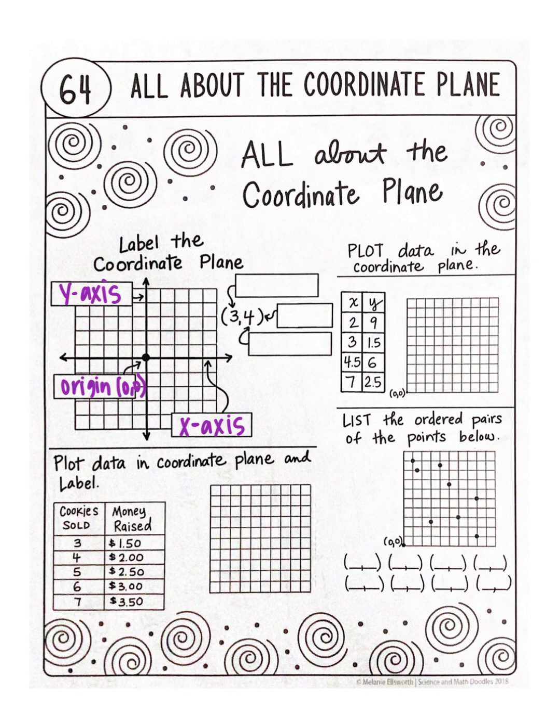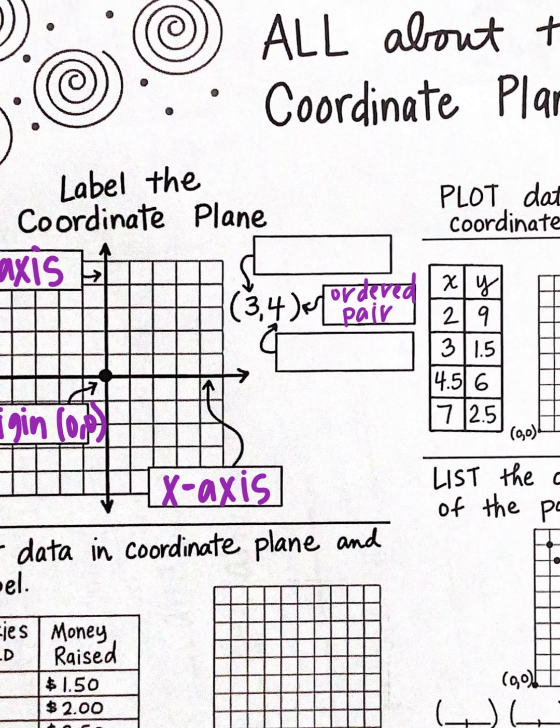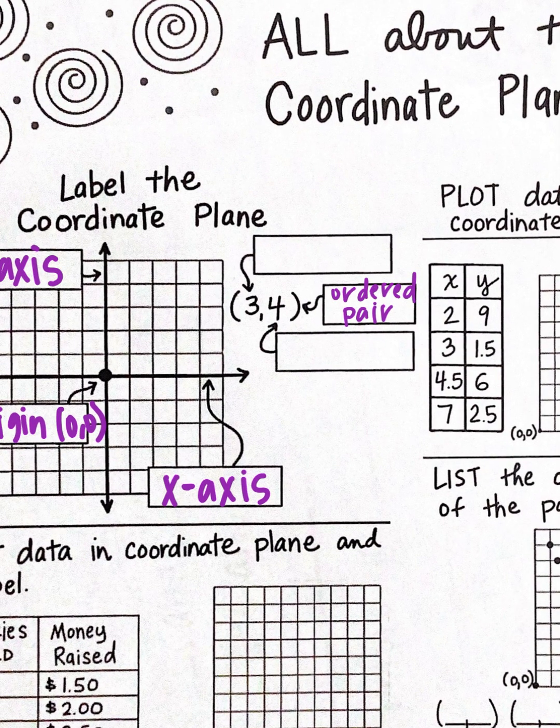Now looking at the other three rectangles, we're labeling the parts of what we call a coordinate pair. We also can refer to it as an ordered pair. Order, E-D, ordered pair. They are ordered a certain way. So 3 and 4 are purposefully put in that order.